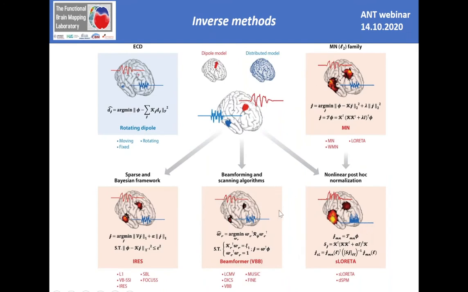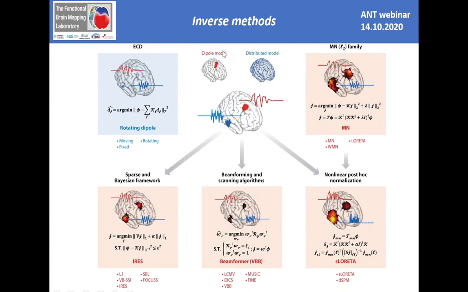And here is the whole family. So this is all the possibilities of inverse solution families. There are 2 different assumptions in the solution space already. You can go for a dipole model, or you can go for distributed models, right? That's already profoundly different. So if you already have a topography that very much looks dipolar, and if you already know in your study you look for only 1 or 2 dipoles, you can go for a dipole model, right?